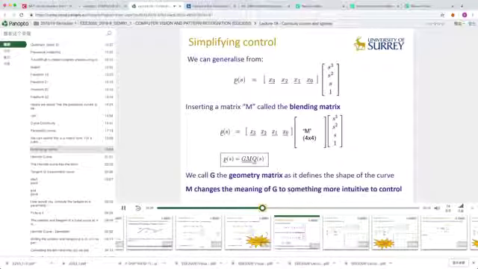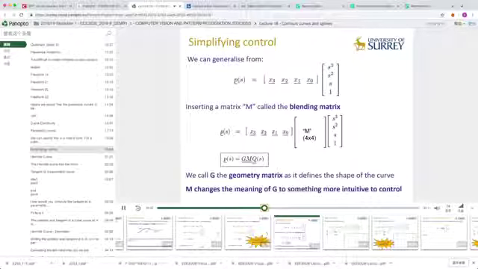G for geometry matrix, just to underline the fact that this matrix defines the geometry or shape of the curve. M is the blending matrix, which defines the meaning of these vectors in G, and Q is, as before, just the parameter matrix that takes us iterating along the curve. Everyone happy with that?